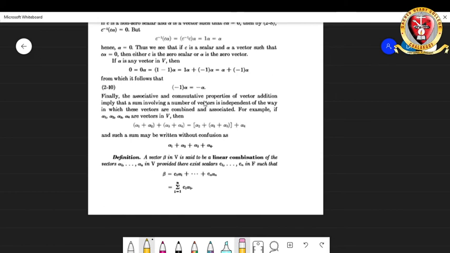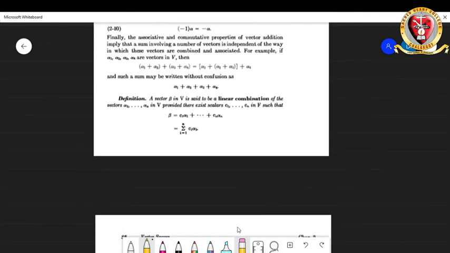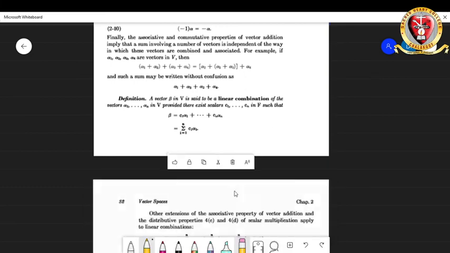Also, the associative and commutative properties of vector addition imply that a sum involving a number of vectors is independent of the way in which these vectors are combined and associated. So you get properties like this. Now the important definition is the linear combination of vectors.